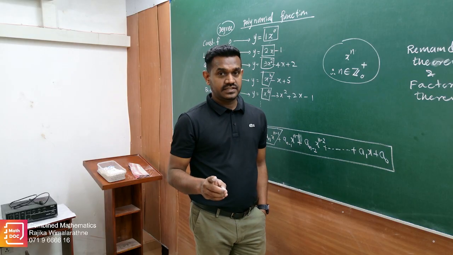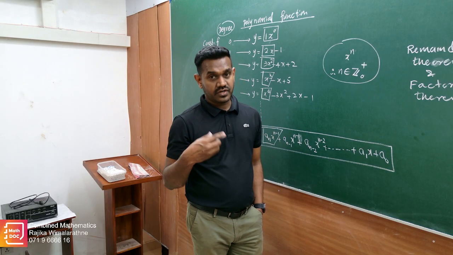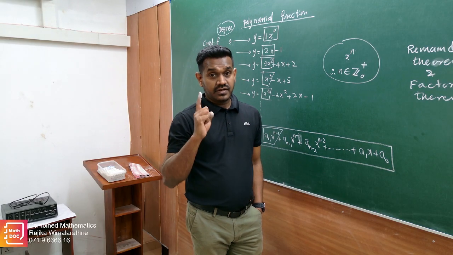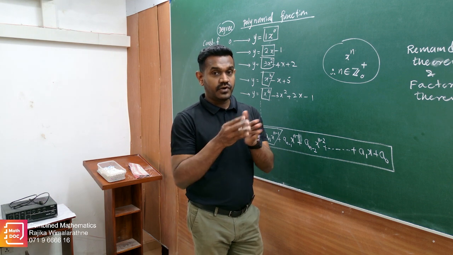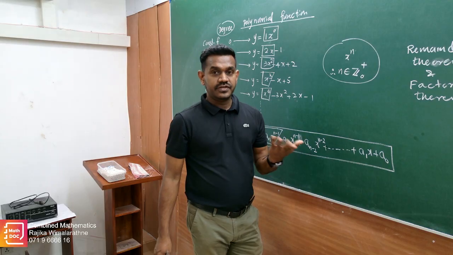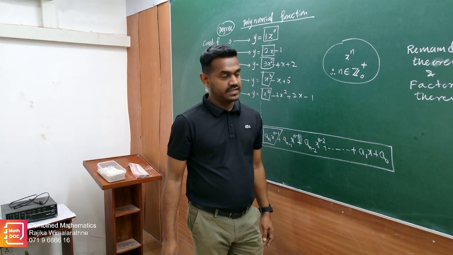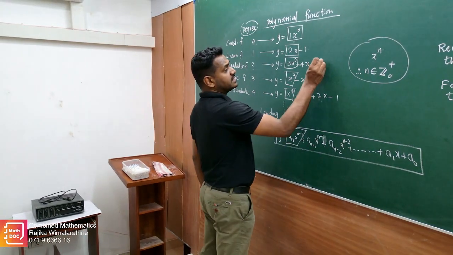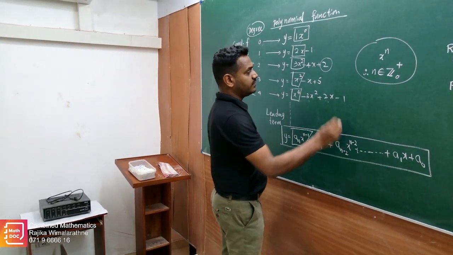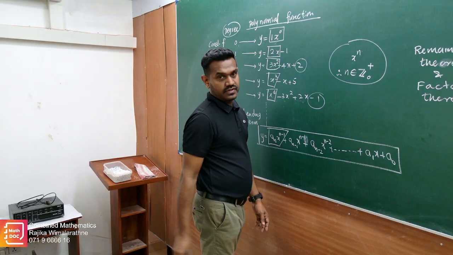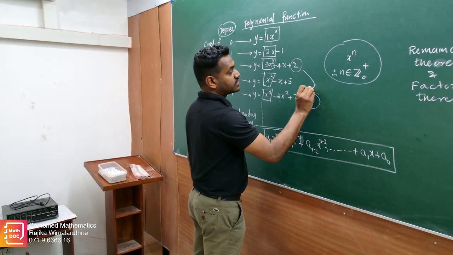For polynomial functions, there can be common properties, but each polynomial type we can classify, and each type can have different, special properties. Then the term that does not contain x, we call the constant term.